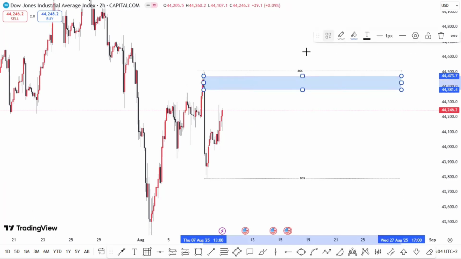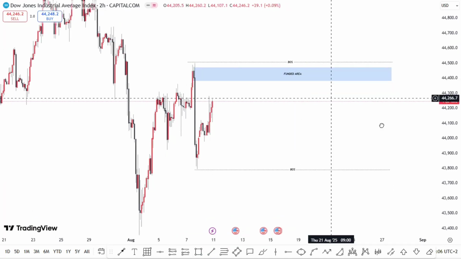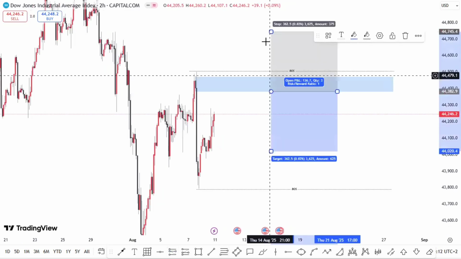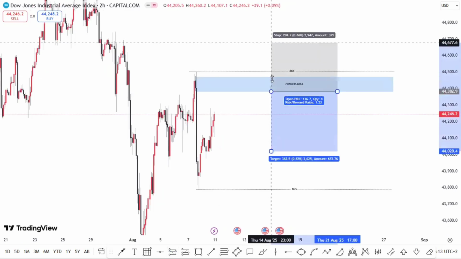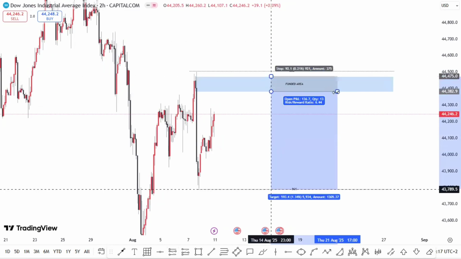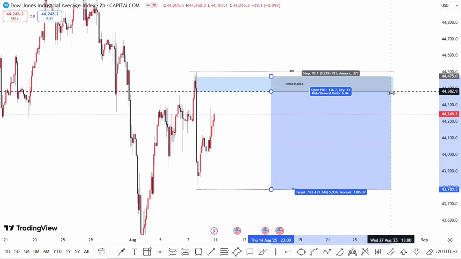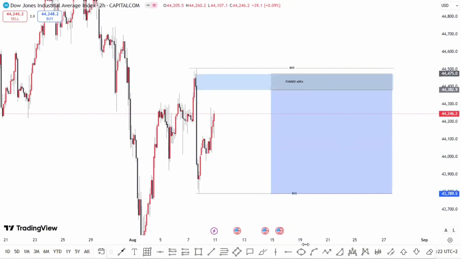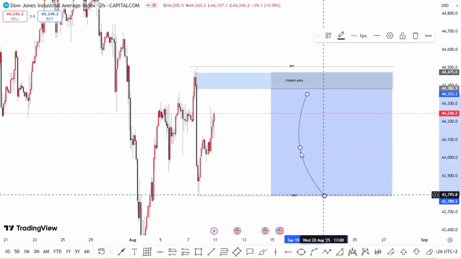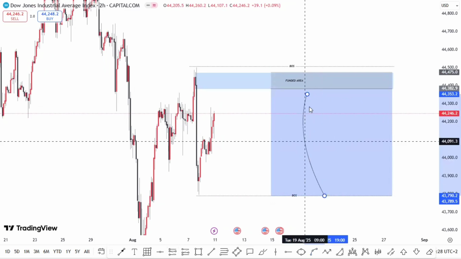Okay, because the market has to pull back to fill the gap that was left there. So I can see that the real market is pulling back, really pulling back to test that level and bounce back. That's due to the knowledge that I have. So we might start from there to there.